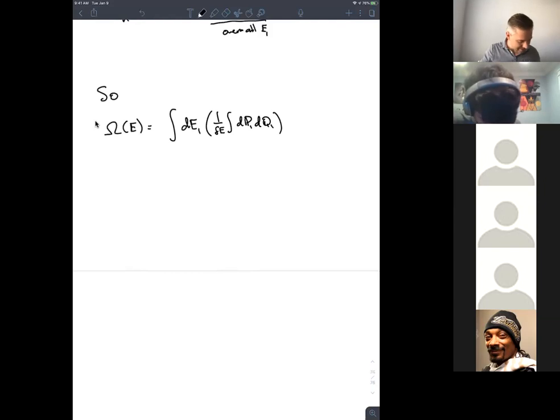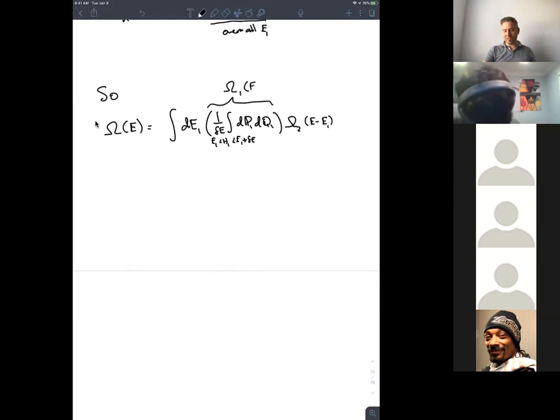And now we're integrating from E1 to E1 plus delta E times omega 2 of E minus E1. Okay, and now this thing, this is omega 1 of E1, right? And so what we have is that this is true.